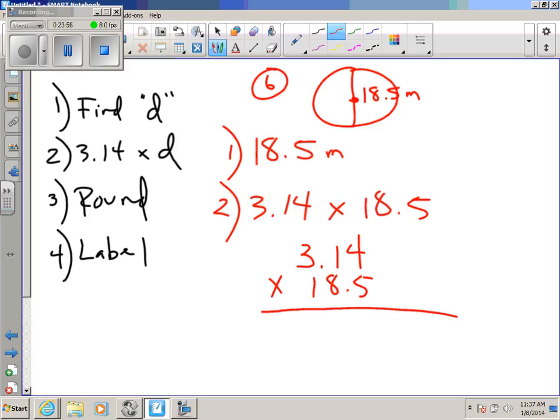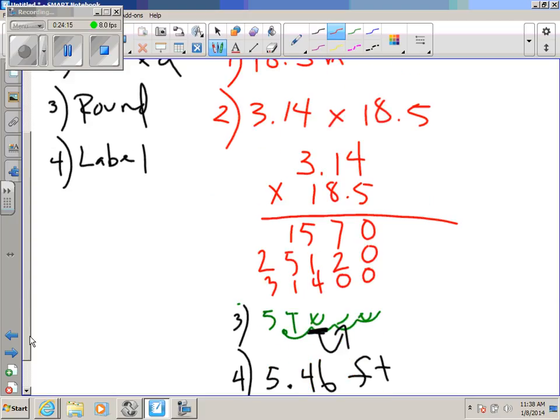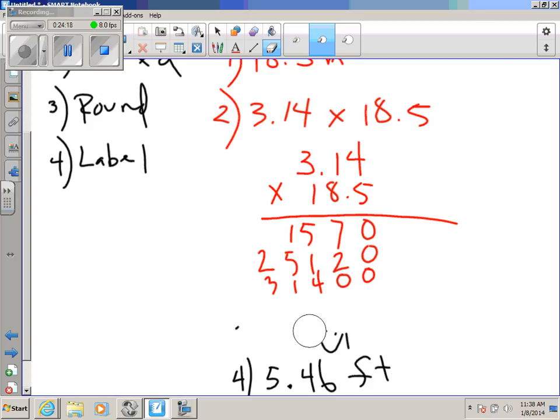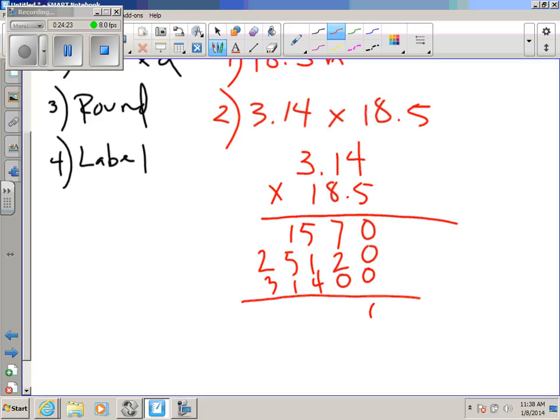So let's do the work. 20, 7, 15, drop a 0. 32, 11, 25, 2 zeros, just times 1. 3, 1, 4, 4, 1, 3. Now we're going to add this up. 0, 9, 10, 2, 7, 8, 5.